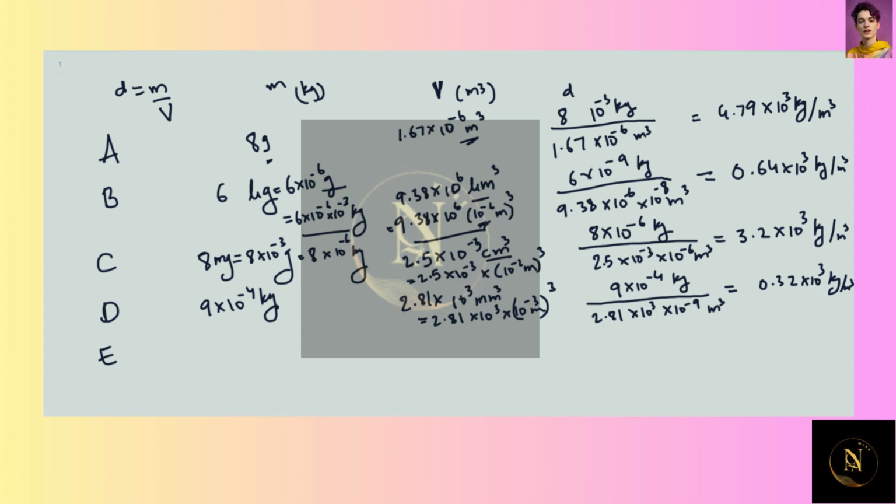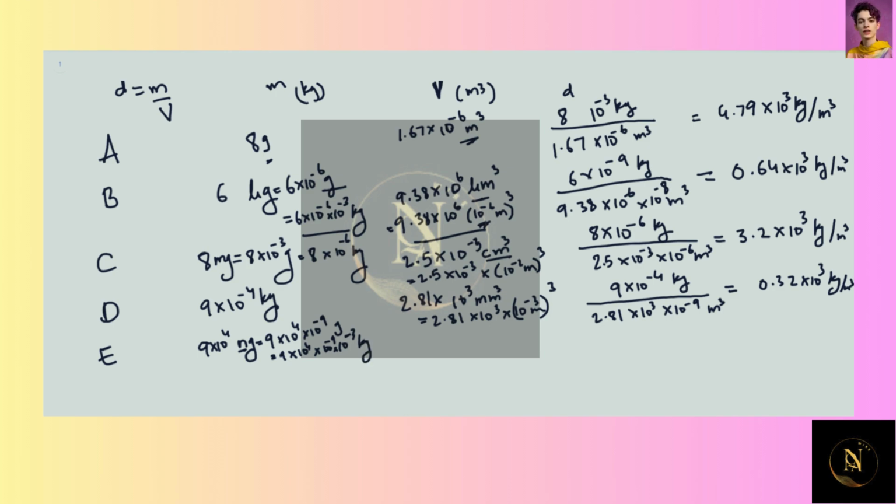Now for option E, the mass is 9 into 10 power 4 nanograms. We know that 1 nanogram is 10 power minus 9 grams. So that's 9 into 10 power 4 into 10 power minus 9 grams, which is 9 into 10 power 4 into 10 power minus 9 into 10 power minus 3 kilograms.